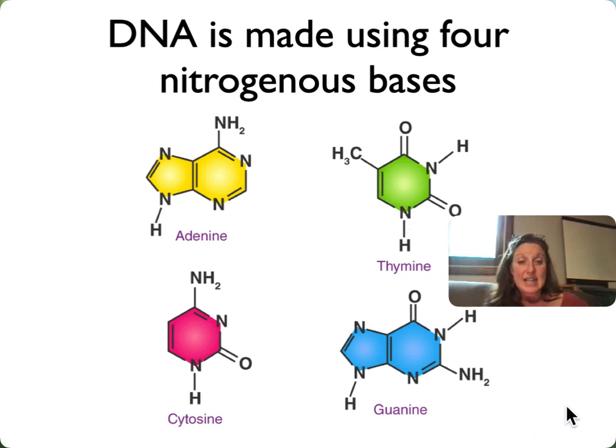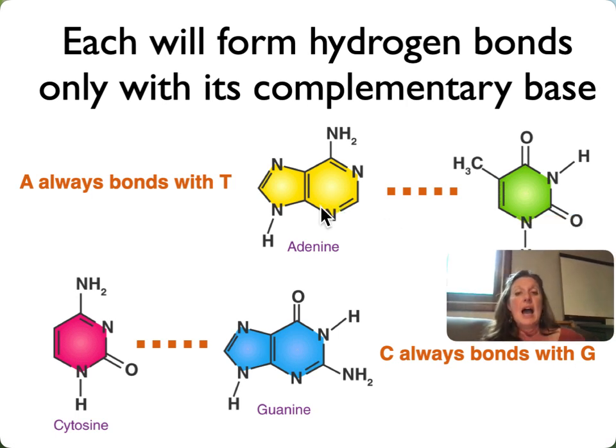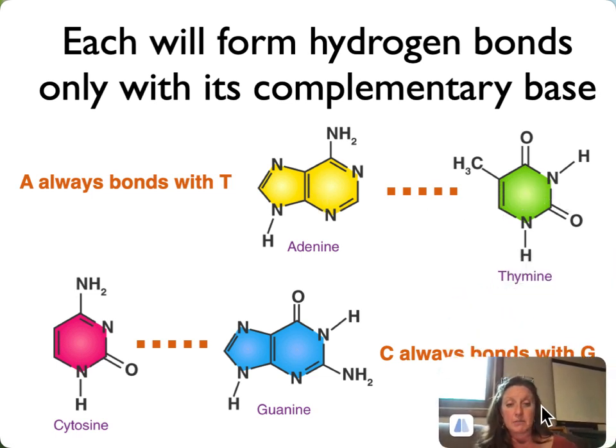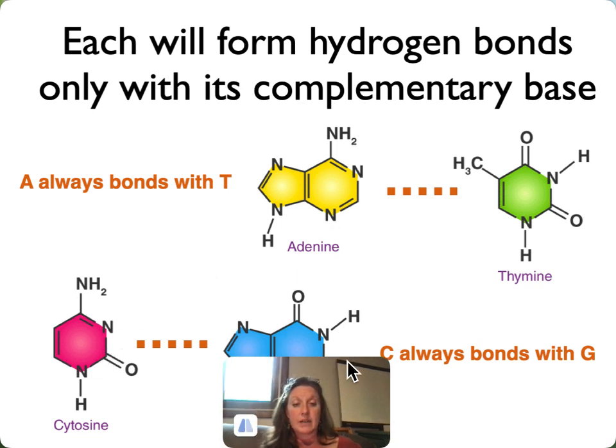And as it turns out, these guys like to bond together, but in a very specific way. So, adenosine or adenine always has hydrogen bonds with thymine. All right, so these two always go together. Adenosine does not make a connection with cytosine or with guanine.